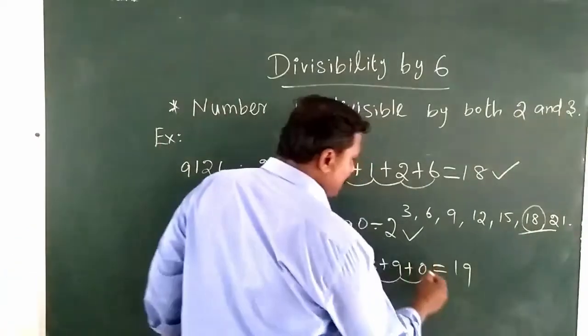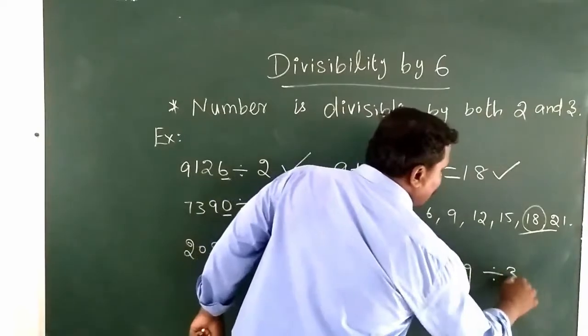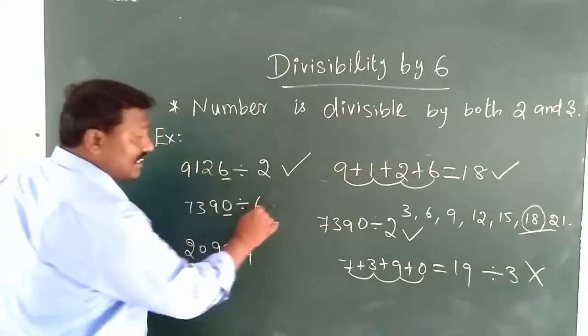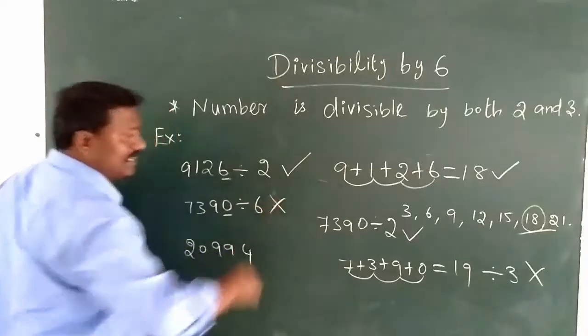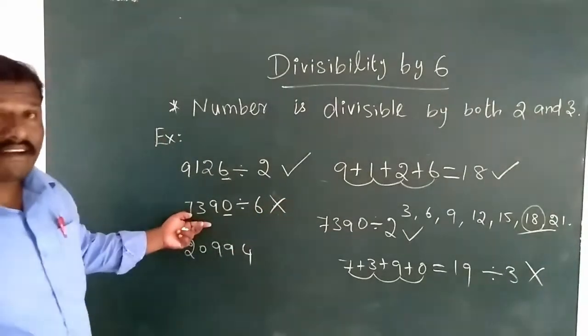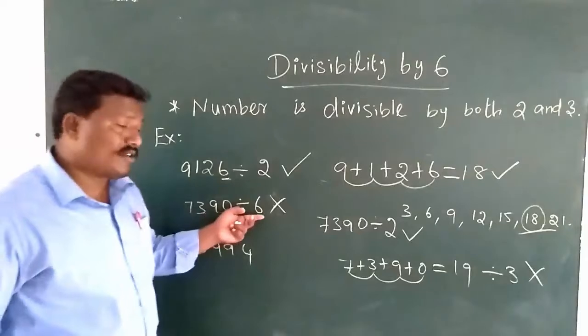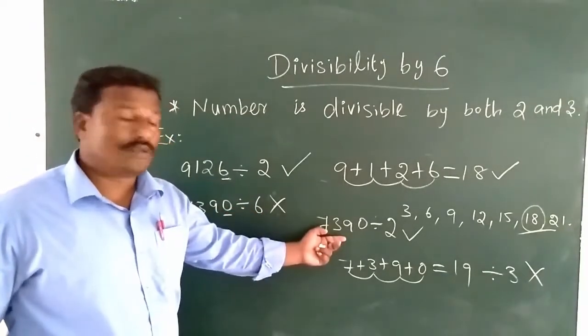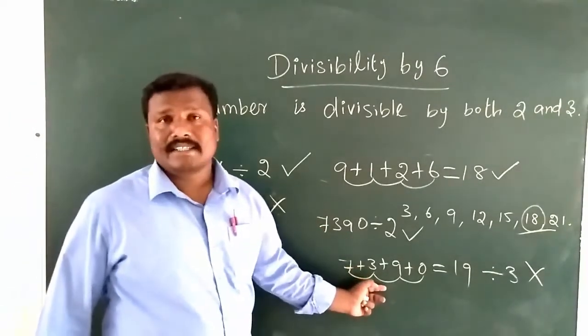So the number cannot be divisible by 3. So 7390 cannot be divisible by 6. Why? Because the number can be divisible by 2, but it cannot be divisible by 3.